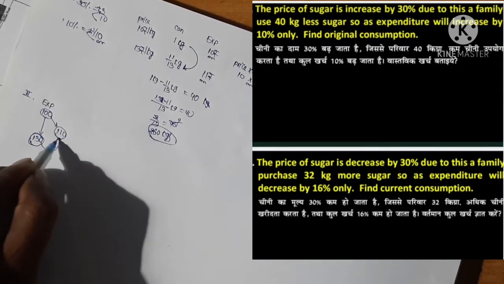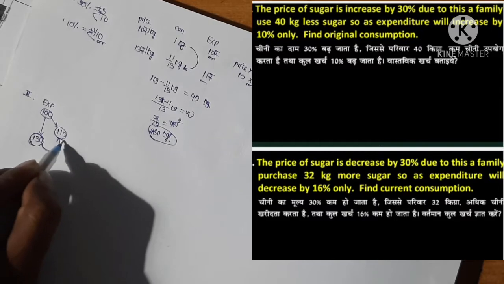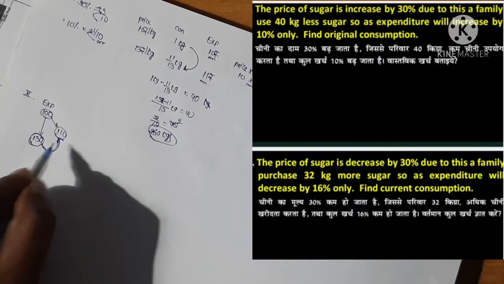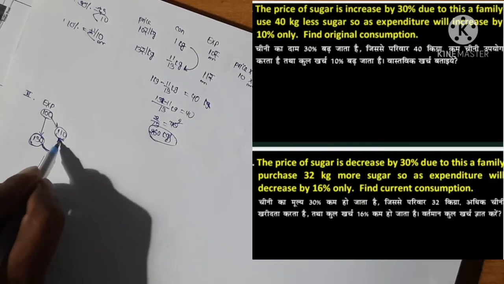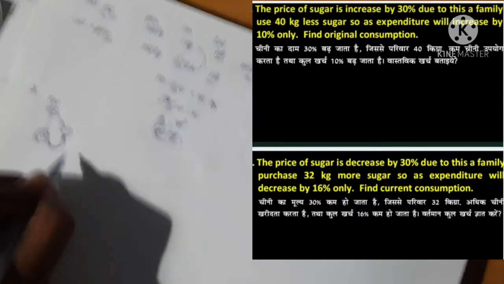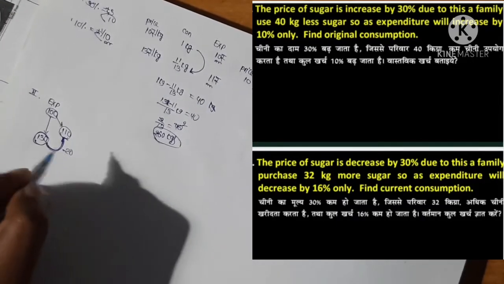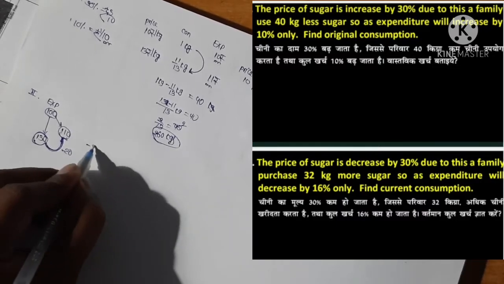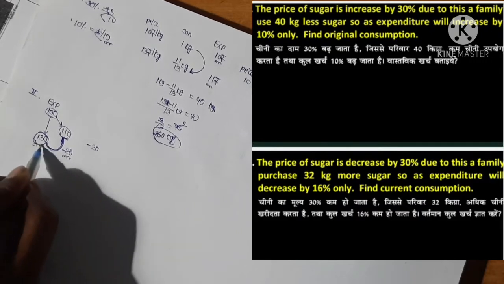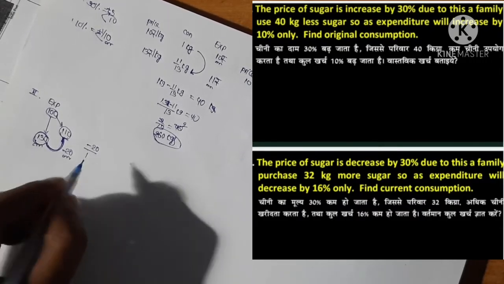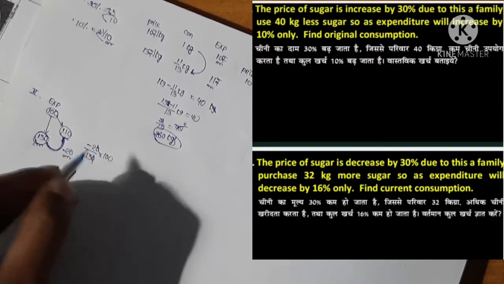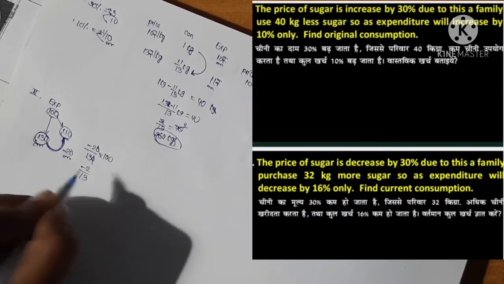So how much percent do you have to decrease? The difference is minus 20. It is decreased by 20 from 130. So minus 20 by 130 into 100. Zeros cancelled, minus 2 by 13.